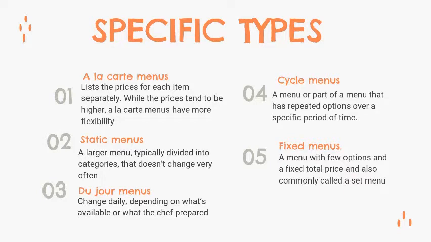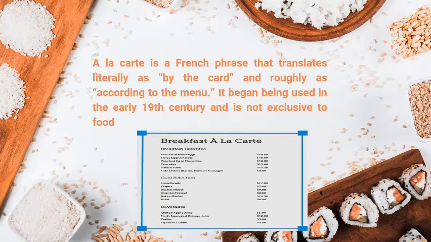And number 4, cycle menus: a menu or part of a menu that has repeated options over a specific period of time. And last one, fixed menus: a menu with few options and a fixed total price, also commonly called a set menu. I will explain more about a la carte menu.